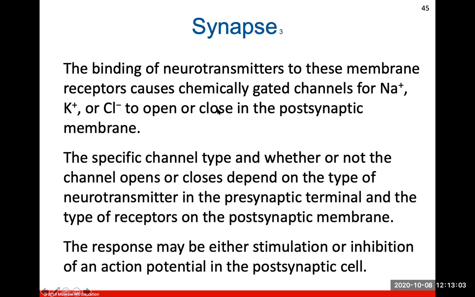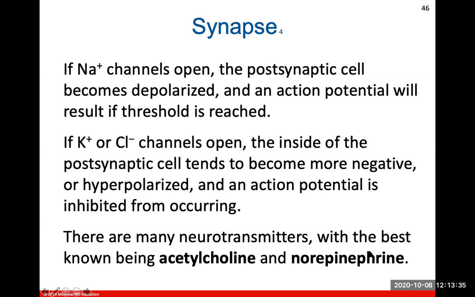Different neurotransmitters can be excitatory, so they can excite that postsynaptic neuron to continue sending the signal down, or they can be inhibitory, so they can stop that signal where it is. The specific channel type and whether or not the channel opens or closes will depend on the type of neurotransmitter and the type of receptor. And like I said before, the response can either stimulate or inhibit the action potential in the postsynaptic cell.